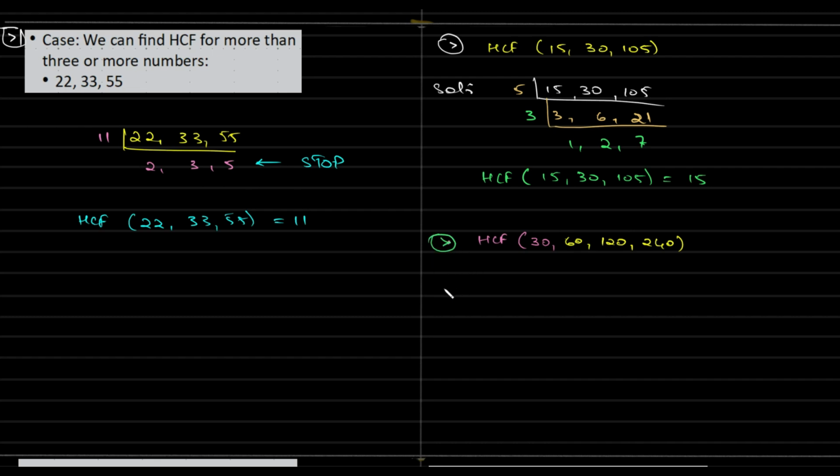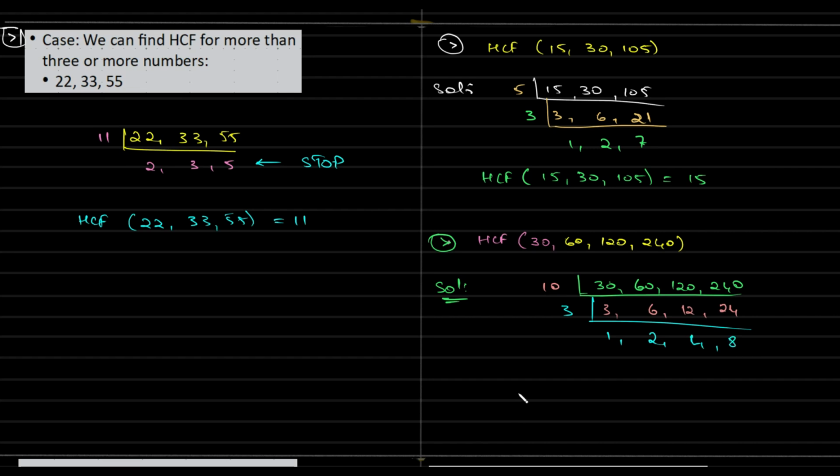The next question is we are trying to find the HCF of 30, 60, 120, 240. Oh, there are 4 numbers. The obvious number for us over here is 10, giving 3, 6, 12 and 24. Then the obvious number again is 3, giving 1, 2, 4, 8, right?